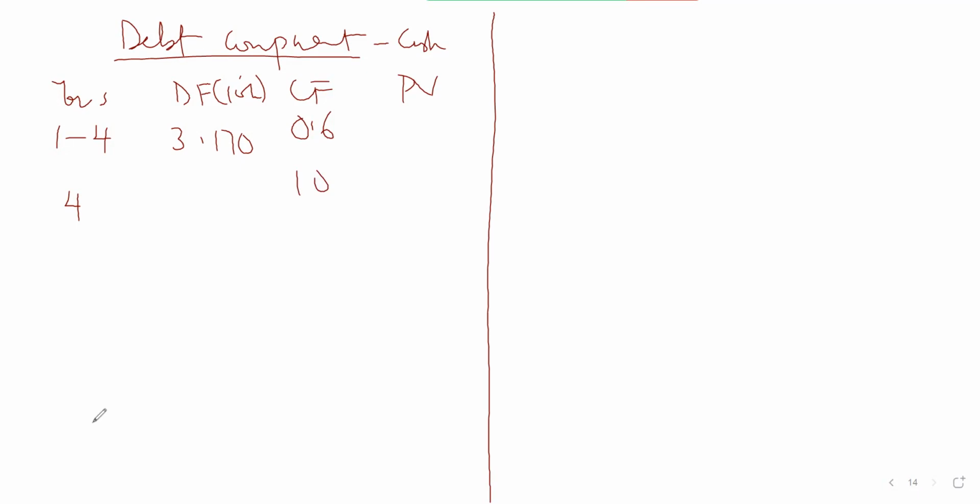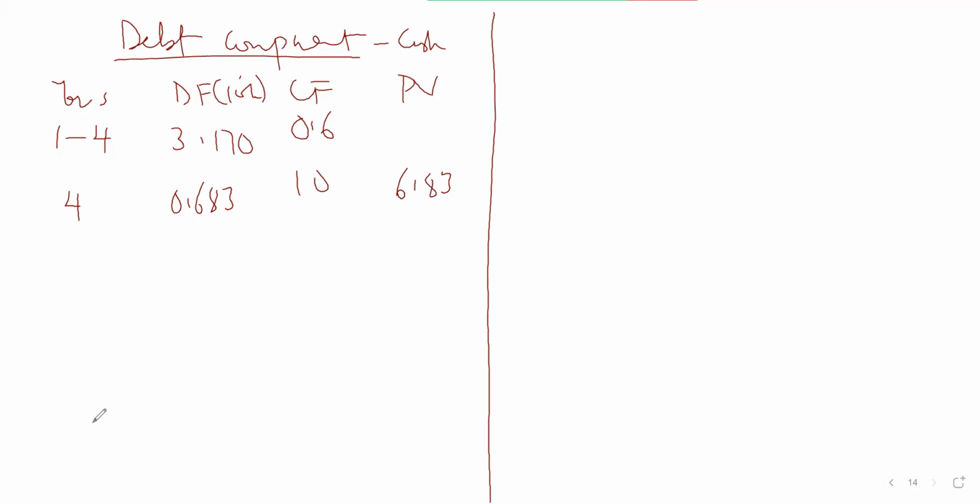So what will be the discount factor in the 4th year? 0.683. So this will give us 6.83, isn't it? Yes.